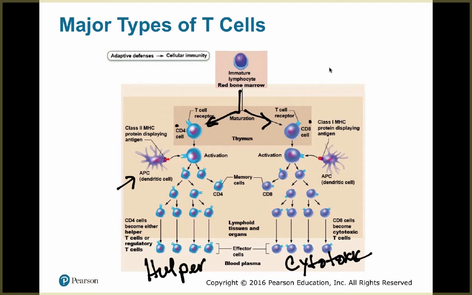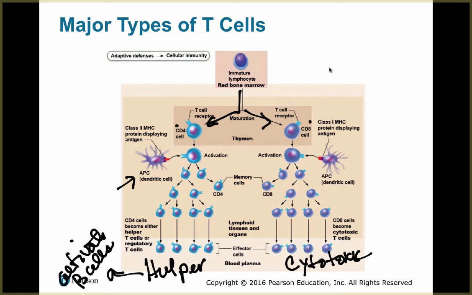And so these CD4 cells usually become helper T cells. And the helper T cells help to activate B cells. Also, other T cells and macrophages. That's a direct adaptive immune response.